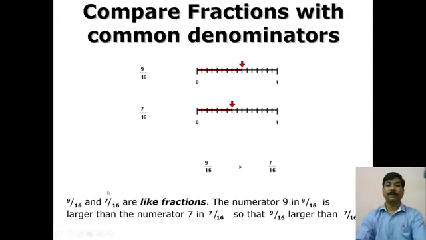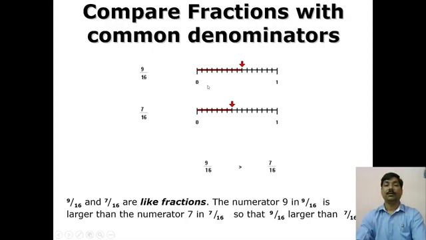From this figure, 9 upon 16 and 7 upon 16 are like fractions. This figure shows 9 upon 16 on the number line. How can we represent 9 upon 16 on the number line? This fraction will lie between the two wholes 0 and 1.